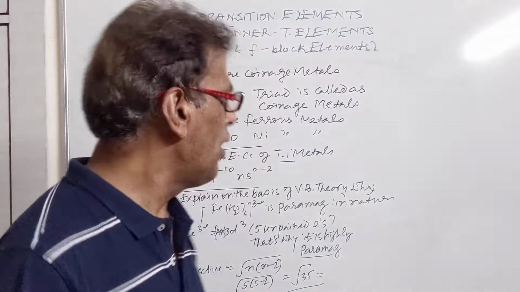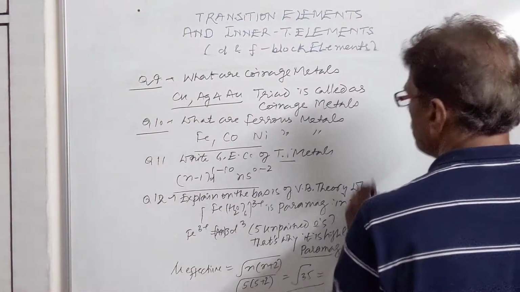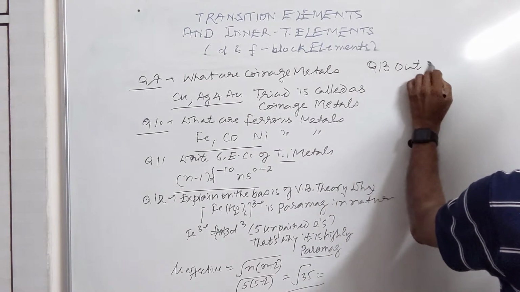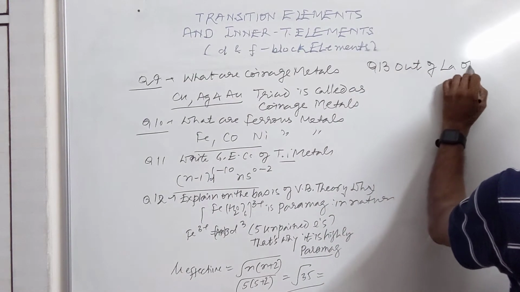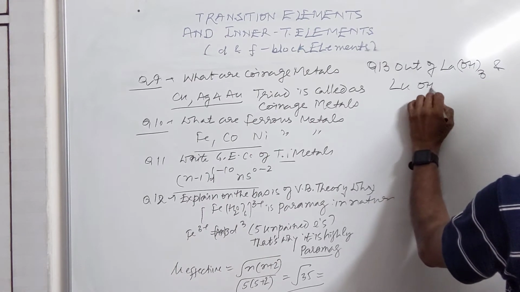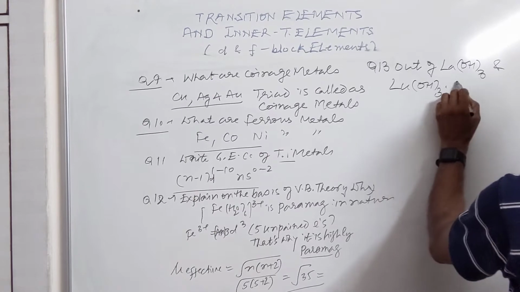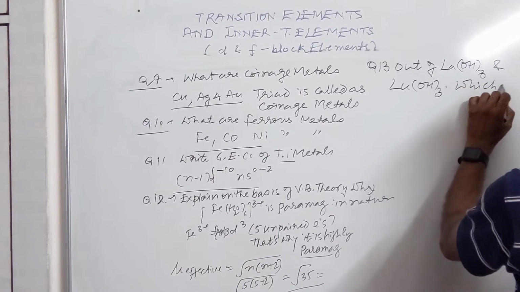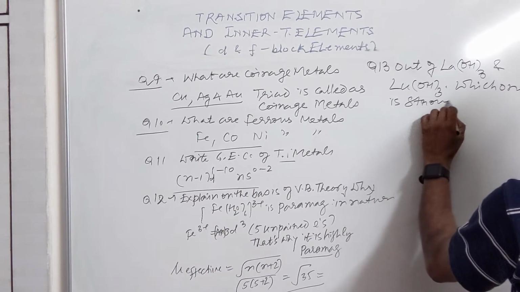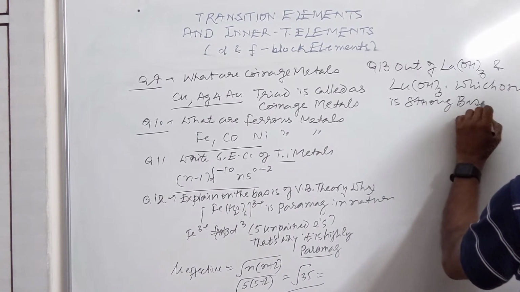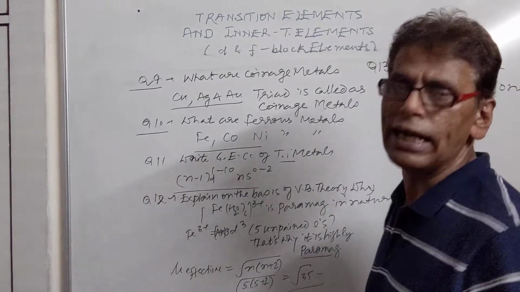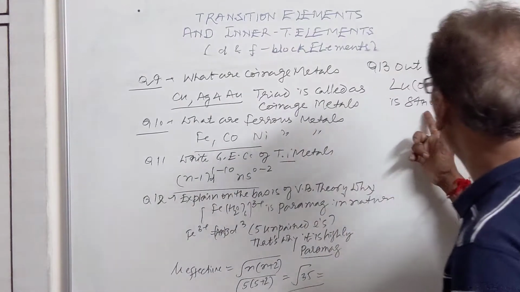Now there is a question on La(OH)3 and Lu(OH)3, lanthanum trihydroxide and lutetium trihydroxide: which one is the strong base? As we know, La comes in the beginning of the series, the lanthanoids start from La, and Lu comes at the end.